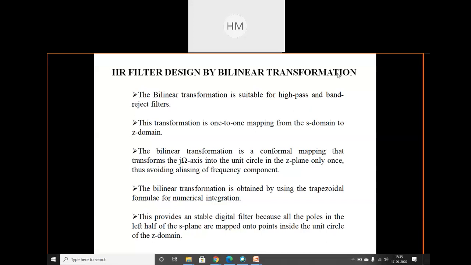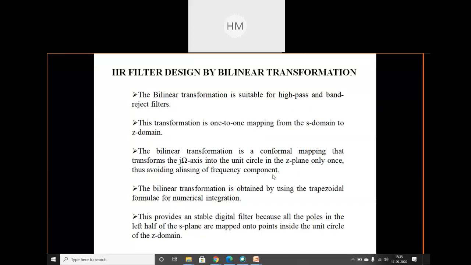This limitation is overcome in the mapping technique called the bilinear transformation. This transformation is a one-to-one mapping from the S domain to the Z domain. The bilinear transformation is a conformal mapping that transforms the j-omega axis into the unit circle in the Z plane only once, thus avoiding aliasing of frequency components.